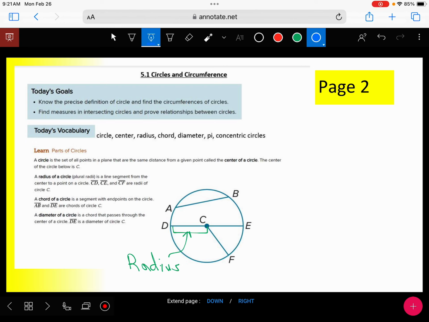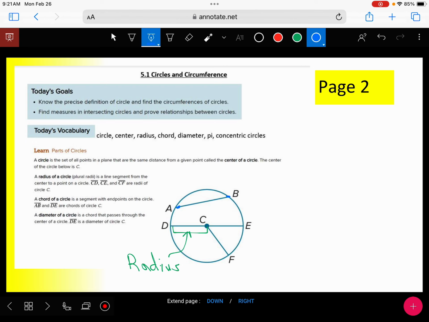No. That's a really important distinction. To be a chord, both endpoints need to be on the edge of the circle. So AB is a chord. CD isn't a chord because C isn't on the edge of the circle. So a radius is not a chord.